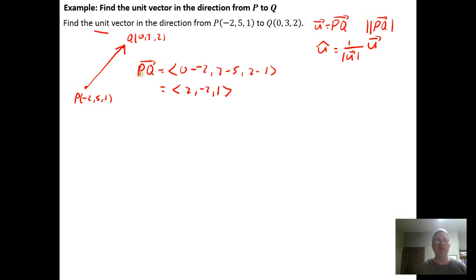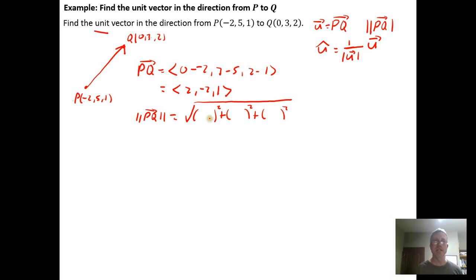Now that we know PQ, we need to find the size of PQ. So the size of PQ, we know that is given by the square root of the sum of the squares of the vector components.